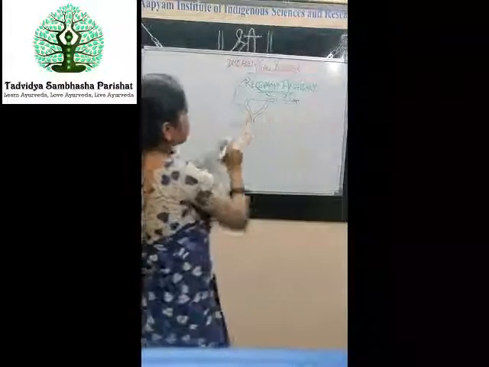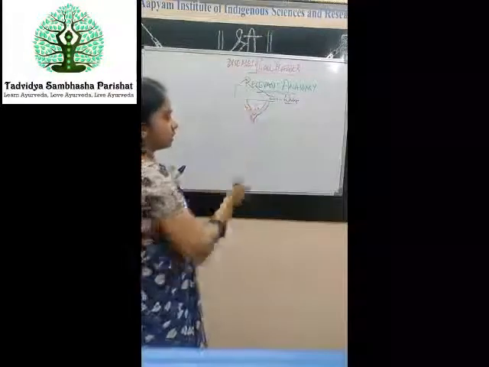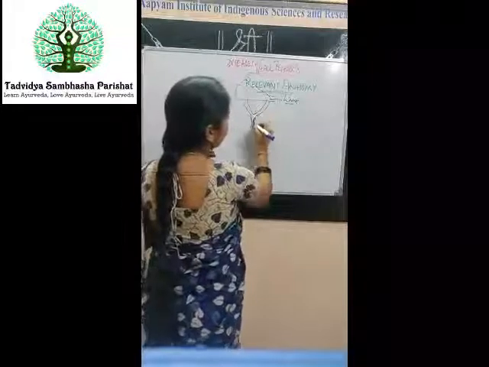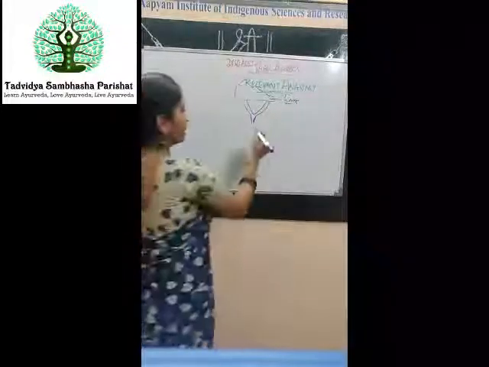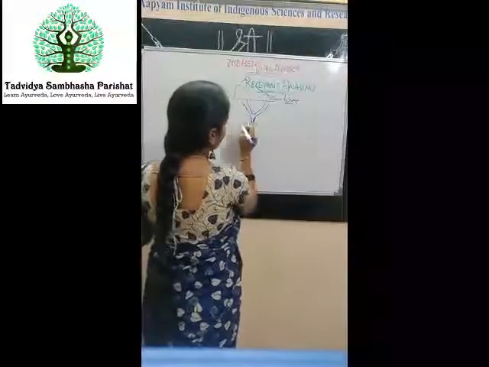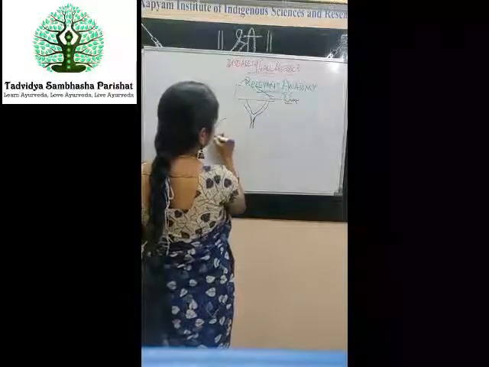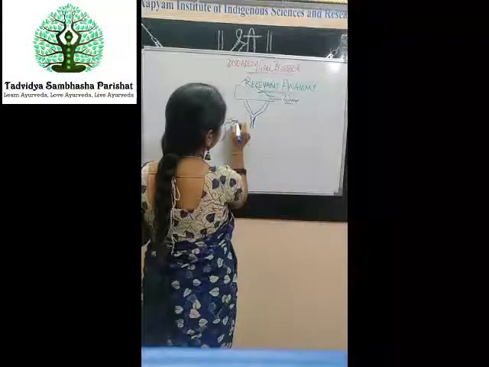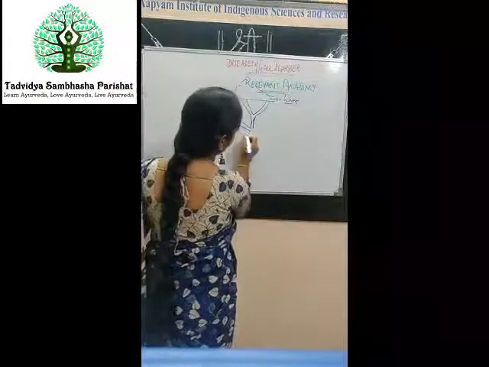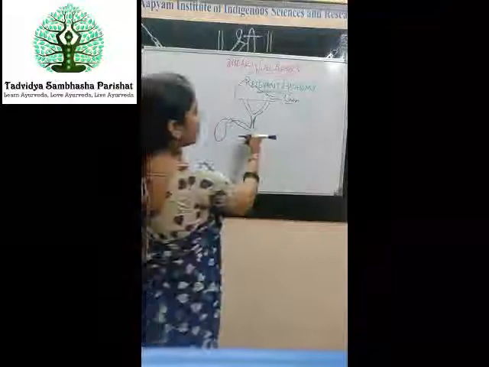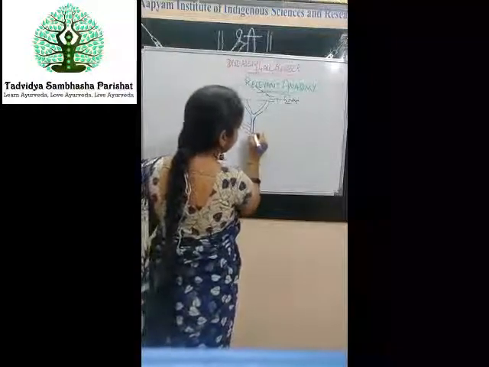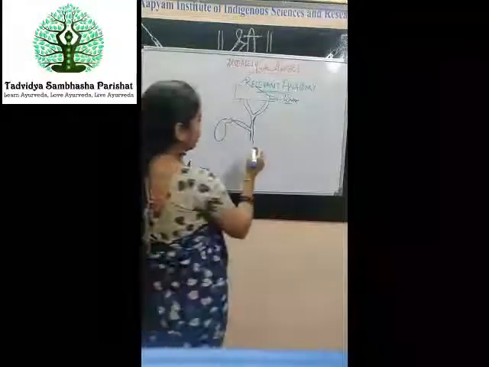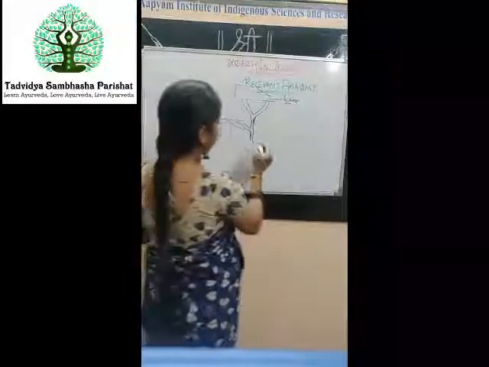We have the right hepatic duct and the left hepatic duct that join to form the common hepatic duct, and then we have the cystic duct that joins the common hepatic duct to form the common bile duct. Further, here we have the duodenum.